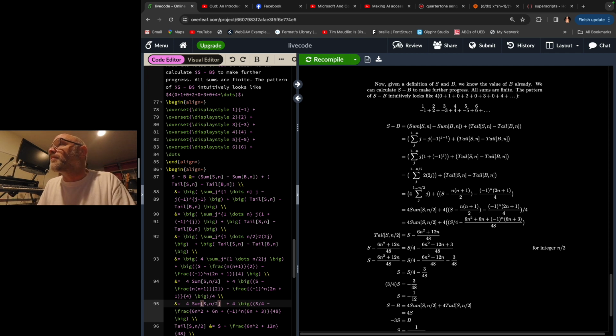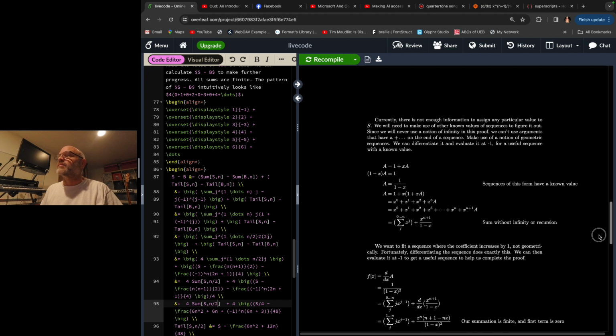So I'm being super, super careful. Okay, so because it only went up to n over 2, 4 times the sum to n over 2 for that. And what happens is I got here and I looked at this expression. I want to figure out what s is, so I'm going to guess that maybe this is 4 times the tail s of n over 2, and I already figured out what that value was, and it's that in a simpler form.